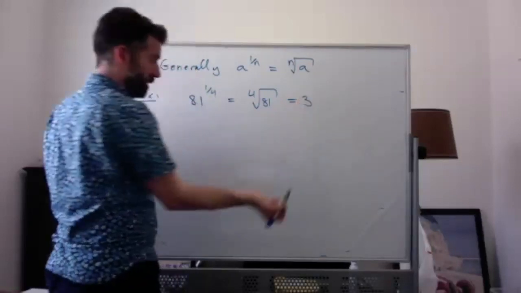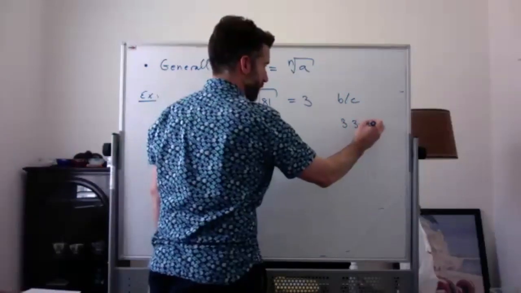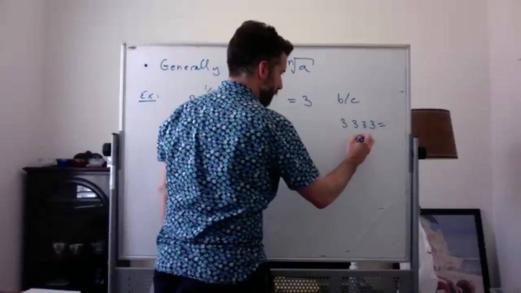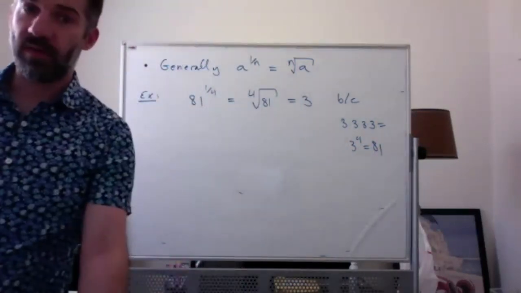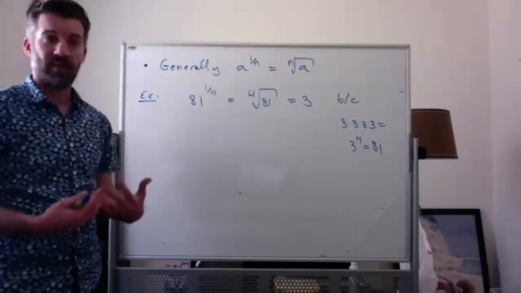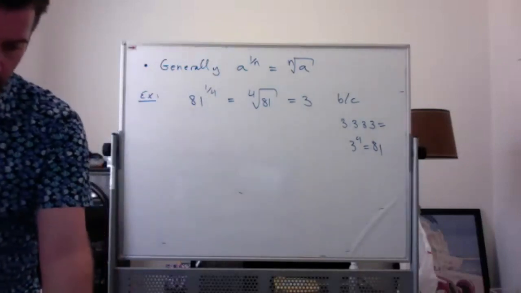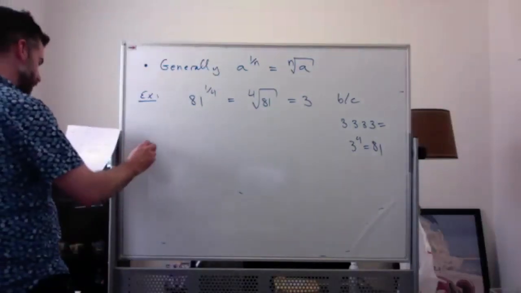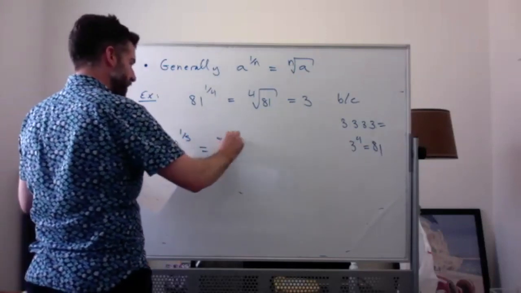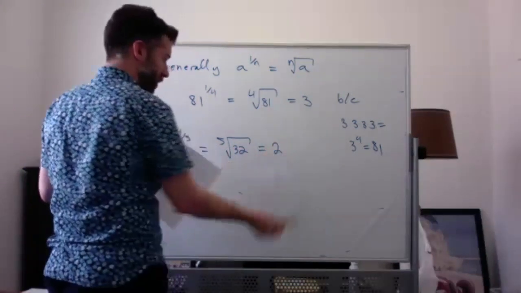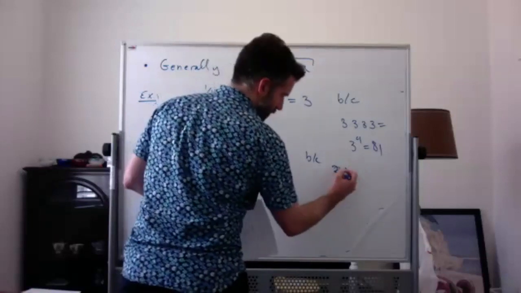That's going to equal 3, because 3 times 3 times 3 times 3, which is 3 to the 4th, is equal to 81. If I'm looking for the 4th root of 81, I'm looking for a number multiplied by itself 4 times to equal 81. Or, for example, 32 to the 1/5 is the 5th root of 32, which is equal to 2, because 2 to the 5th is 32.